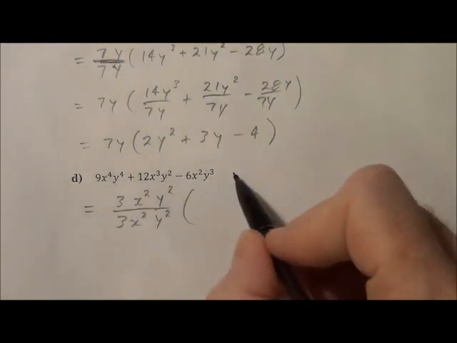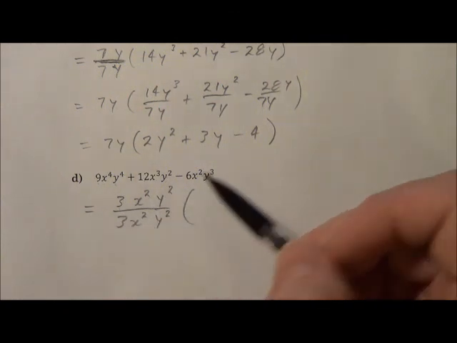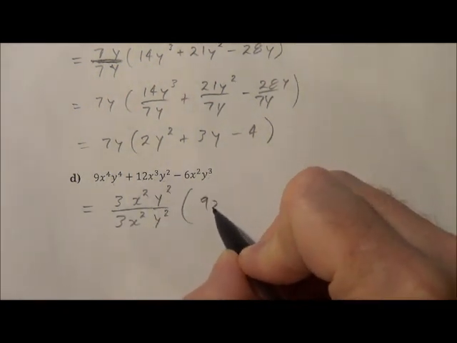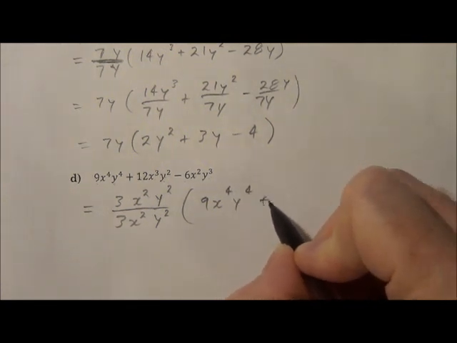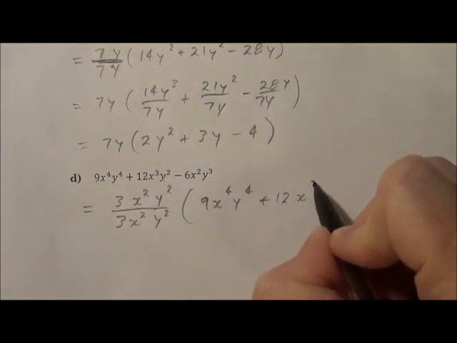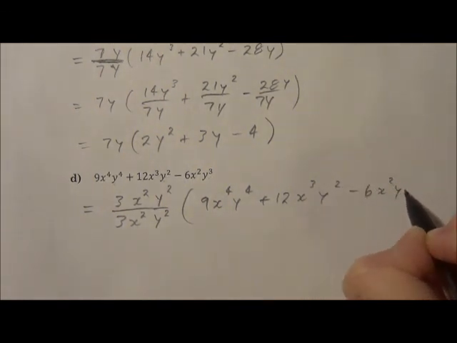So I'm going to multiply this whole expression by 1, represented by 3x squared y squared over 3x squared y squared. So I've got 9x to the power 4, y to the power 4, plus 12x cubed y squared minus 6x squared y cubed.